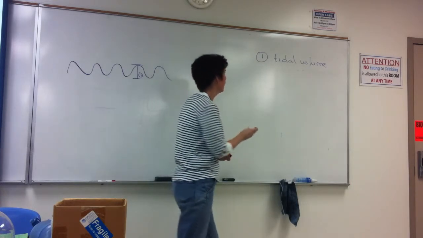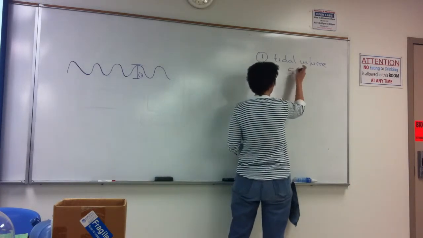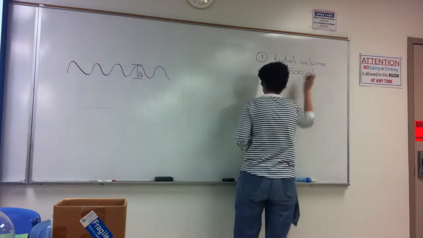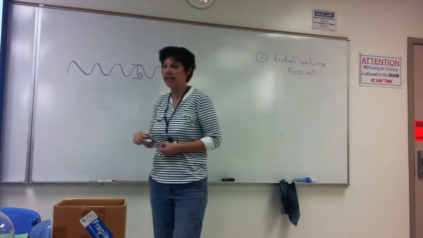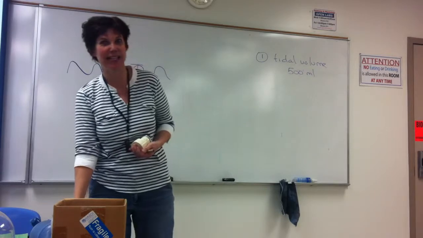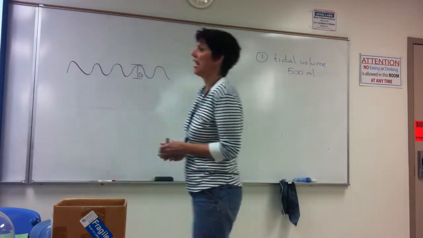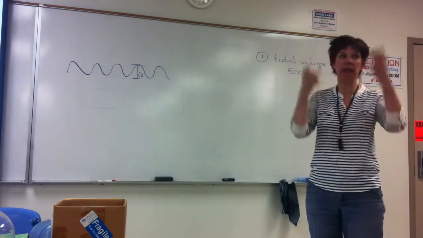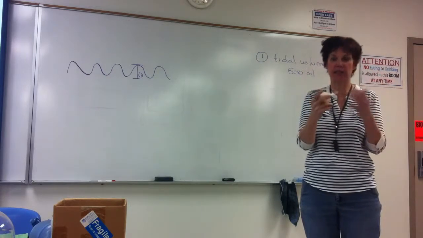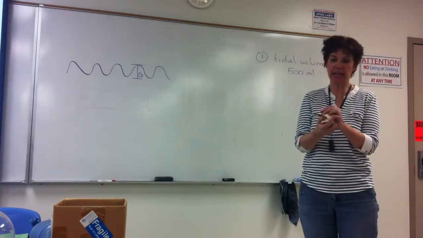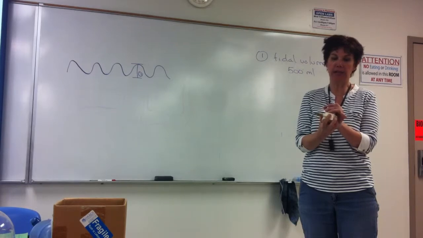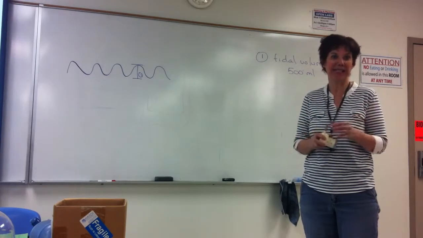The average for this is given as 500 mils. But remember, breathing is a voluntary process regulated by reflexes, which can be affected by emotions and conscious thought. So when you're thinking about taking a breath, you're going to adjust what that volume is.